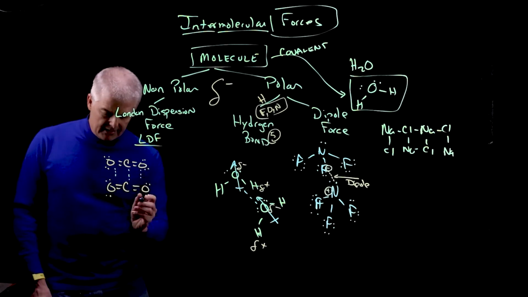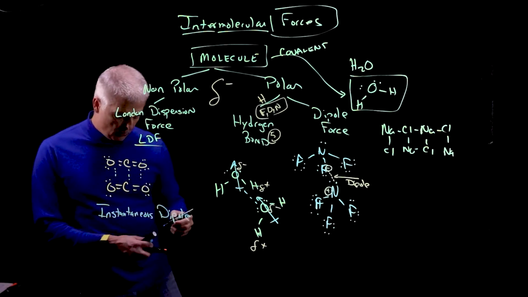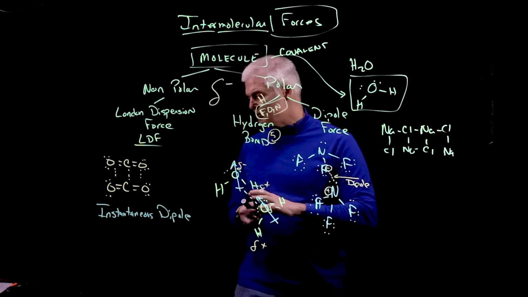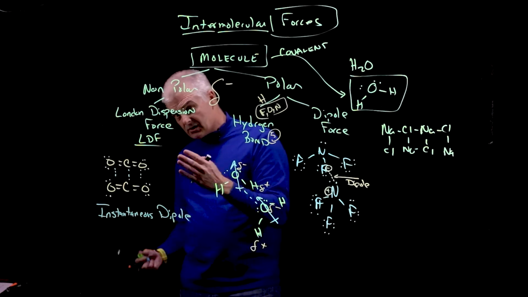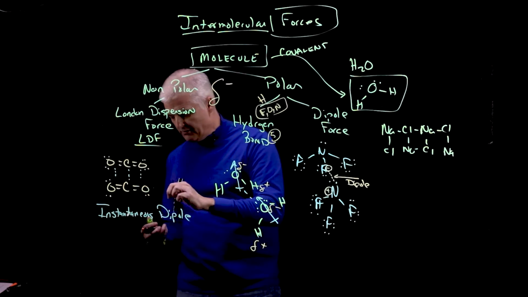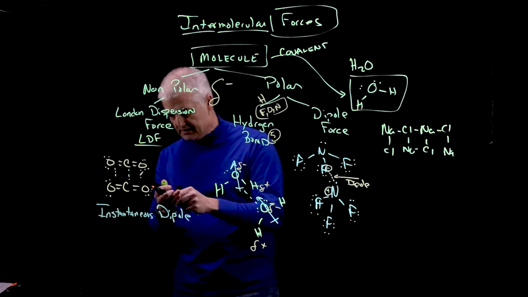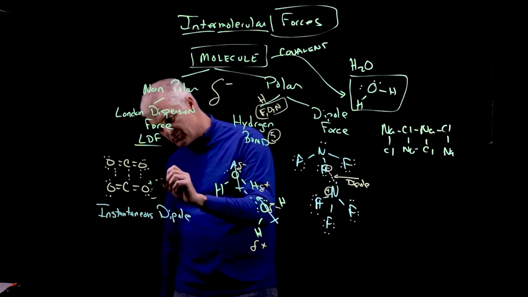Now, jot this word down, or these two words: instantaneous dipole. And what's going on here is going to be a little tricky to understand, but since electrons are constantly moving, the electrons here might move over here for just a second, which is going to give this side a little bit more negative, and this side a little bit more positive.